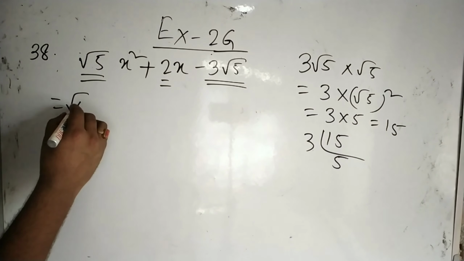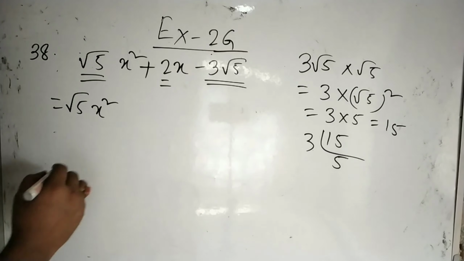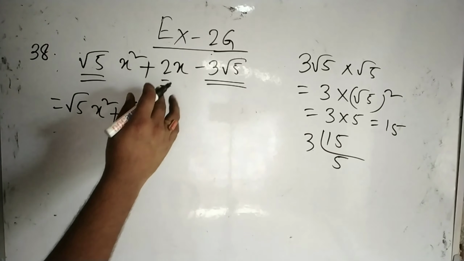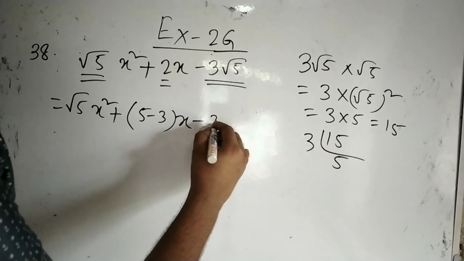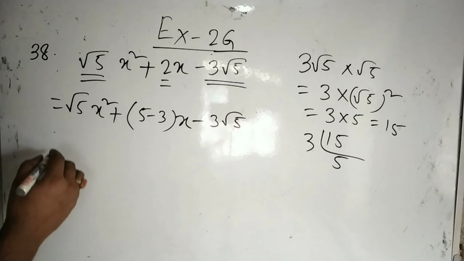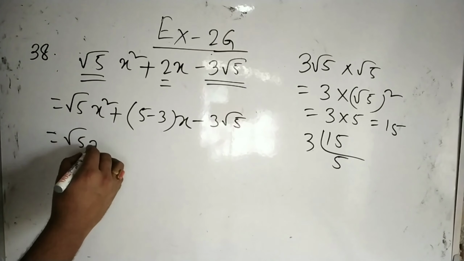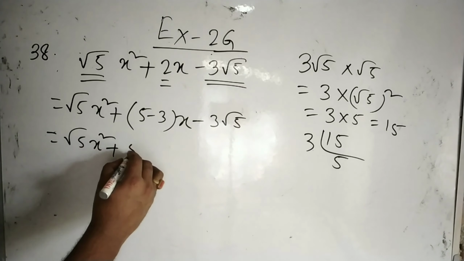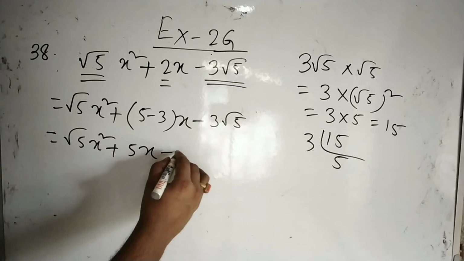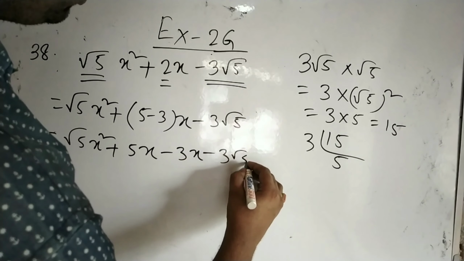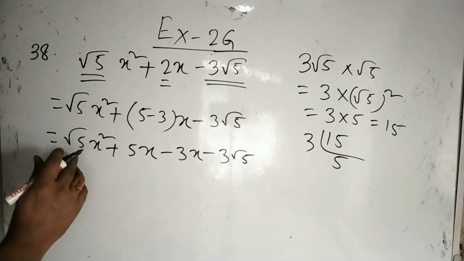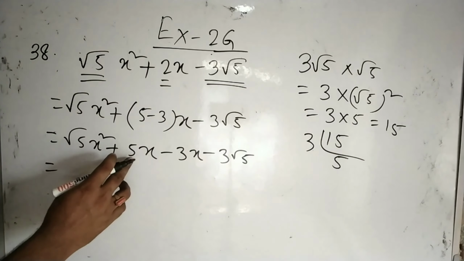Like this, root 5 x square keep it as it is, plus instead of 2 we can write 5 minus 3 into x minus 3 root 5. Root 5 x square plus 5x minus 3x minus 3 root 5.